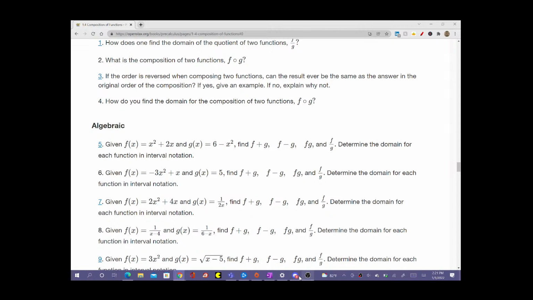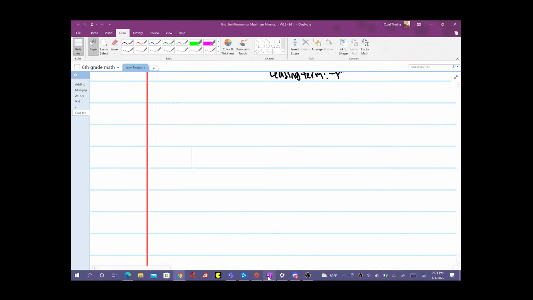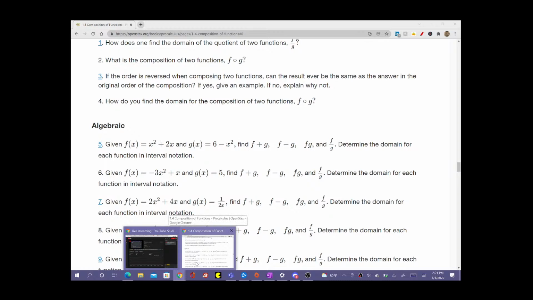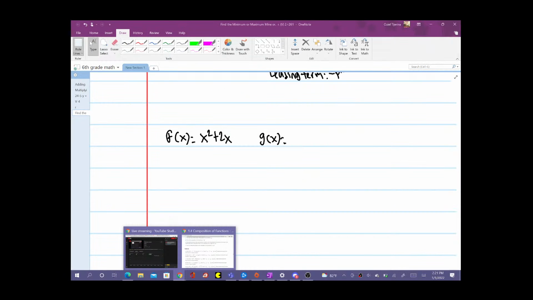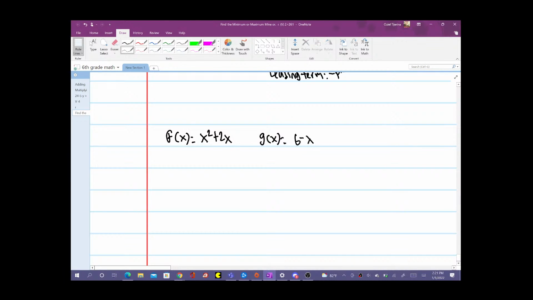we have f of x equals x squared plus 2x, and g of x equals 6 minus x squared, right? We want to find f plus g of x.